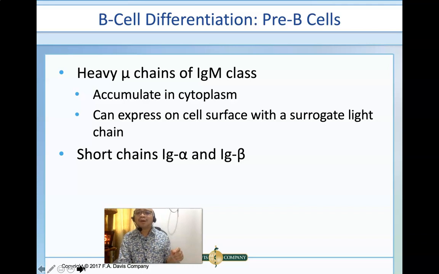Once they appear on the cell surface, they already have the so-called surrogate light chain. So again, aside from the heavy mu chains of IgM and the surrogate light chain, the pre-B cells must also contain short chains of IgA and IgB. So collectively, we call them the pre-BCR.